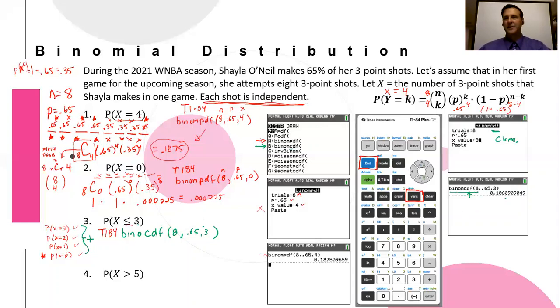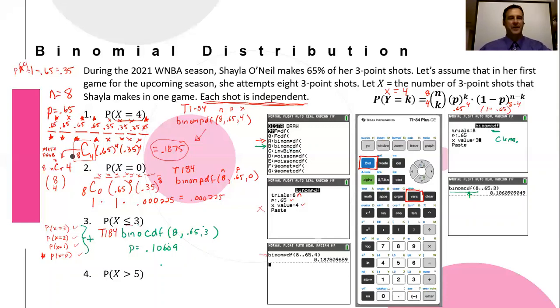And then notice the answer, 0.10609. All right, so there's a 10% chance, maybe a little bit higher, 10.6% chance that in this particular game, when shooting 8 basket attempts, Shayla will make 3 or less baskets.